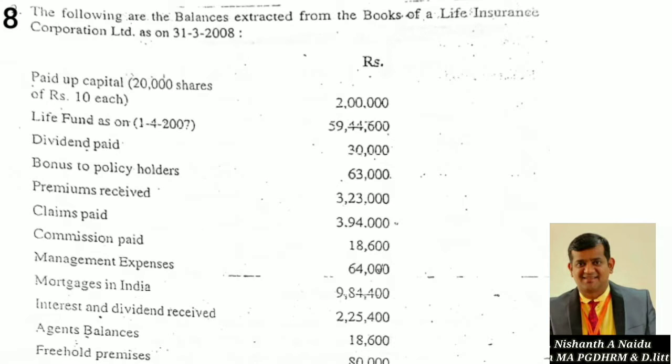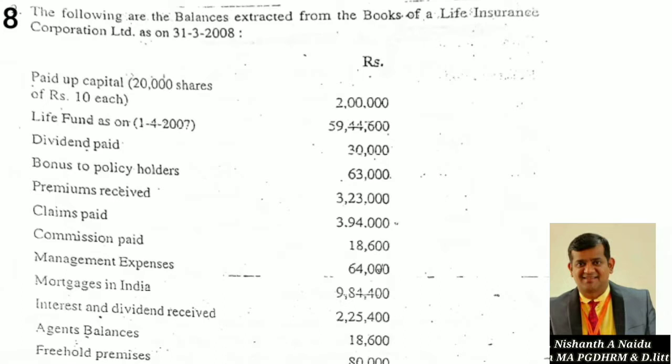Dividend paid 30,000 rupees. Bonus to policyholders 63,000 rupees. Premium received 3,23,000 rupees. Then claims paid is 3,94,000 rupees. Commission paid 18,600 rupees. Management expenses 64,090 rupees.